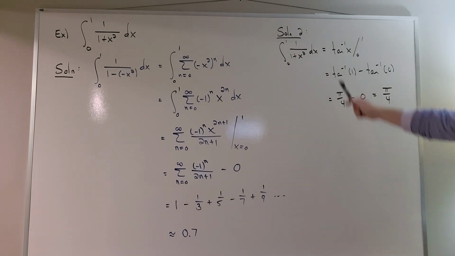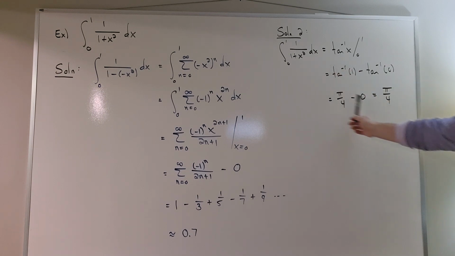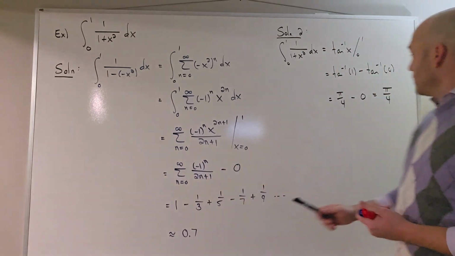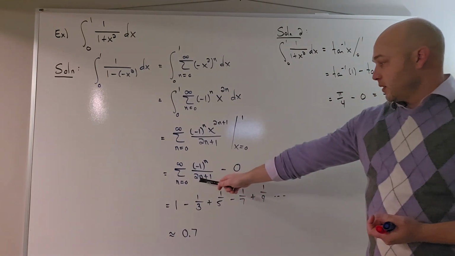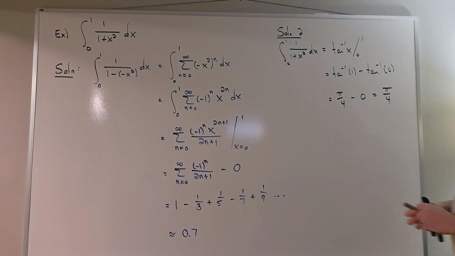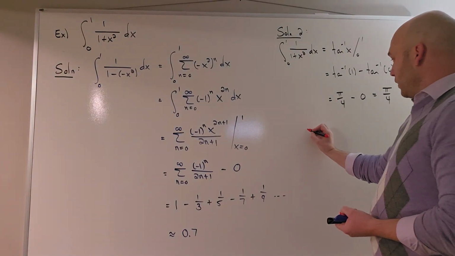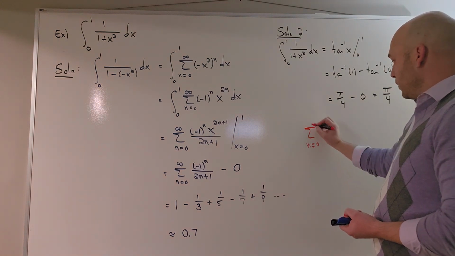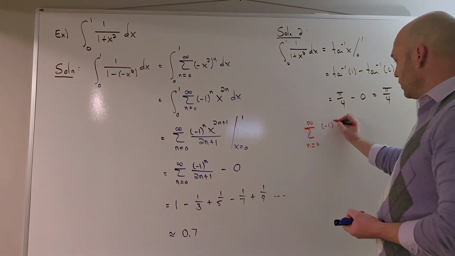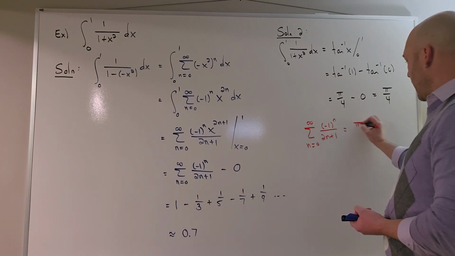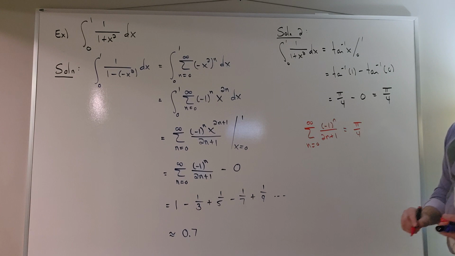Well, computing it this way, I get pi over 4, and computing it the other way, I get this infinite series. That means that the infinite series gives the exact value of pi over 4. And therefore I get the following result. I know that the sum from n equals 0 to infinity, this alternating series of odd denominators, gives exactly pi over 4.